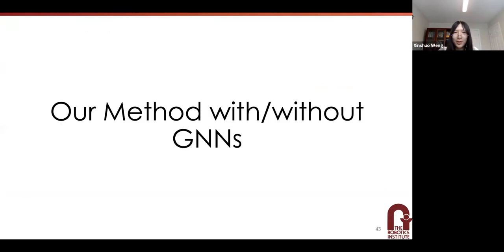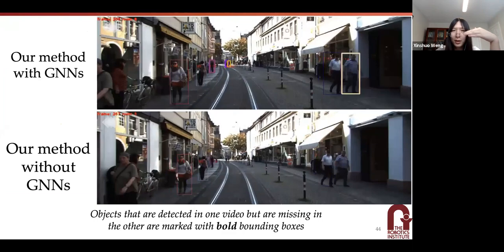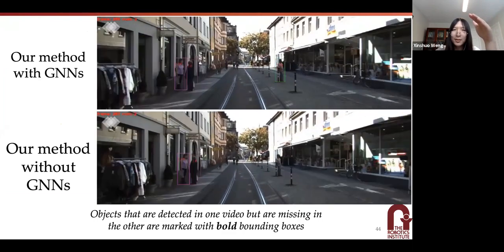I guess it's more interesting to show some analysis, like if we disable the graph networks, how will it change, right? So this is more like an ablation study. If you compare the top and bottom rows, the bolded bounding box is something good.